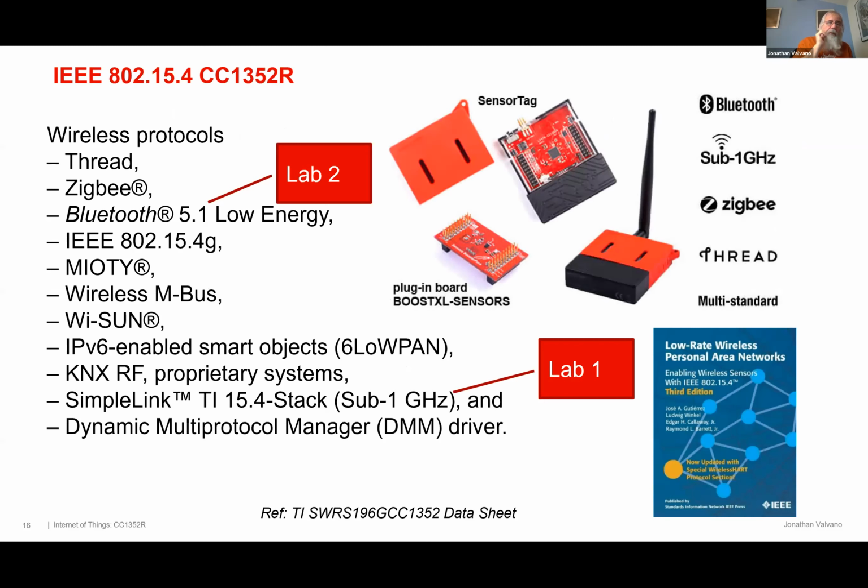We're going to do Bluetooth Low Energy, but it implements some of these other protocols. And the point of this slide is, gee, it's hard to make money in this space because you've got to talk all the languages, okay? These are all the protocols that this particular chip can do.